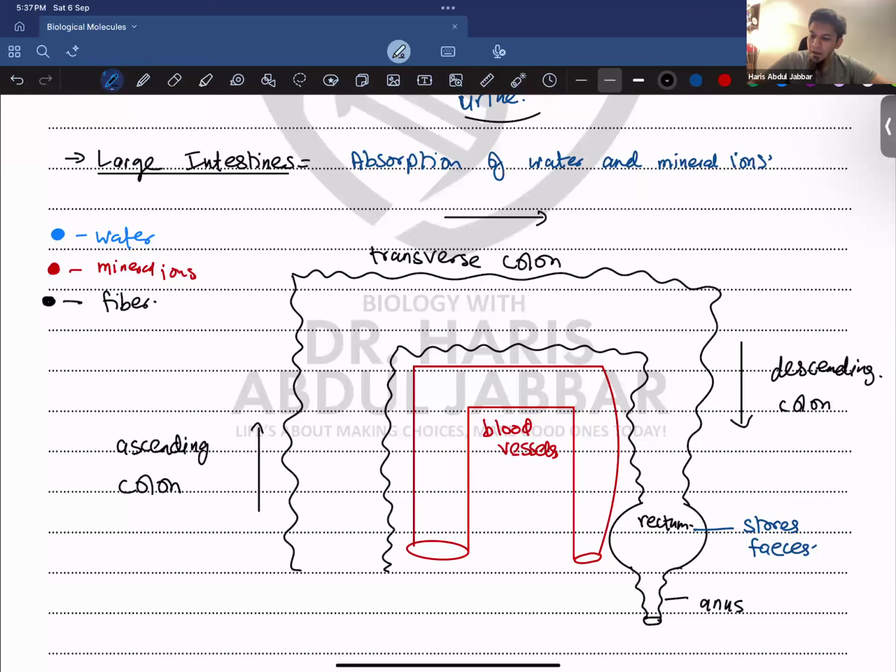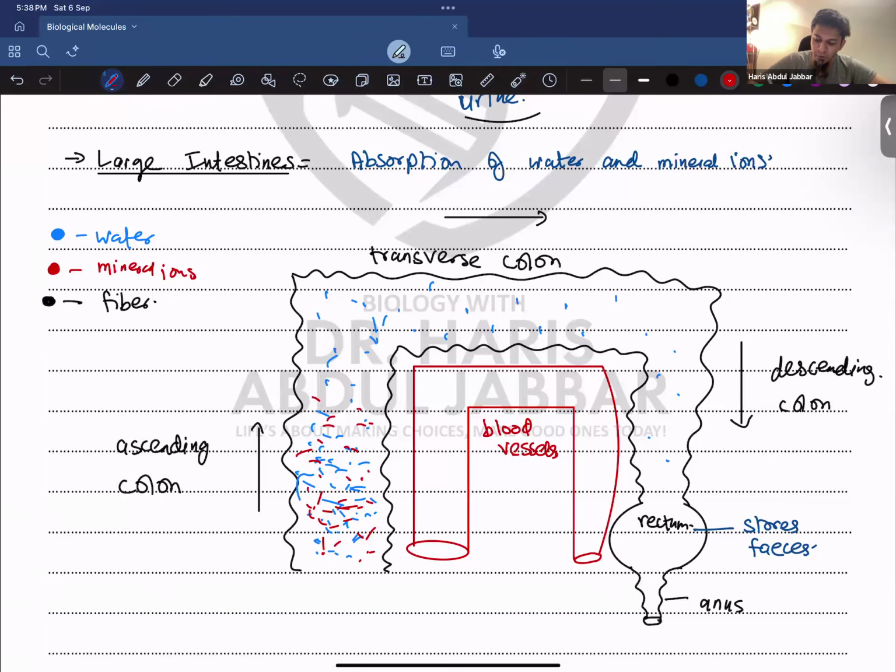Descending. ठीक है। अब अगर मैं इनिशियली देखूं, so it's going to have that 40% water molecules, right? But as we'll be going towards the descending colon, तो हमारे पास ये water molecules कम होते जा रहे हैं, ठीक है, पहली बात। Along with, so again, these light blue dots are representing water. फिर इसी तरीके से हमारे पास इनिशियली मिनरल आयंस ही बहुत ज्यादा होंगे, right?